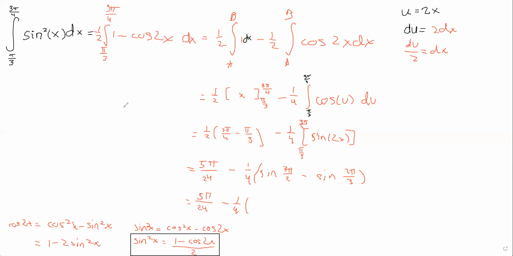Three degrees, right? Sorry. 3 pi over 2 is 270 degrees, right? That's correct, I believe. Yes. Okay.